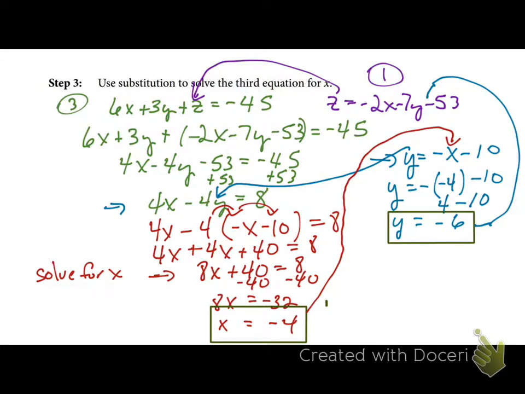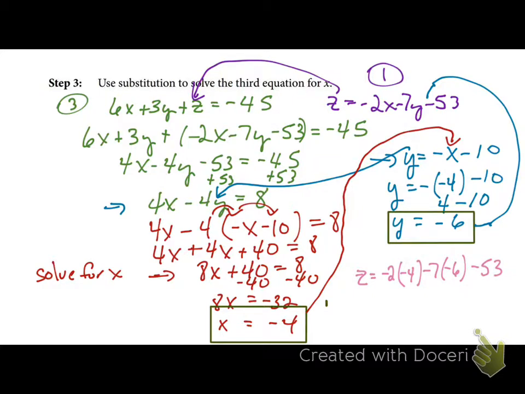Let's go, what color have I not used? Let's go with a pink. All right, so now we have our z equals the negative 2x, but my x is a negative 4, minus my 7 times my y, which we found to be negative 6, minus our 53.